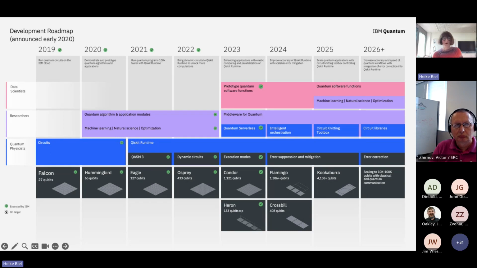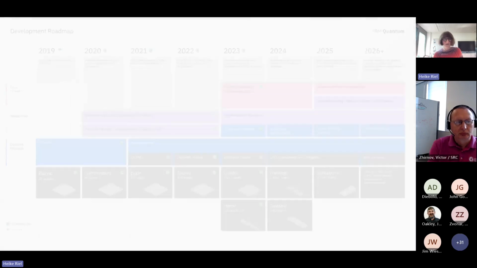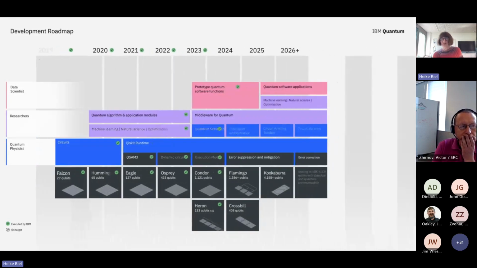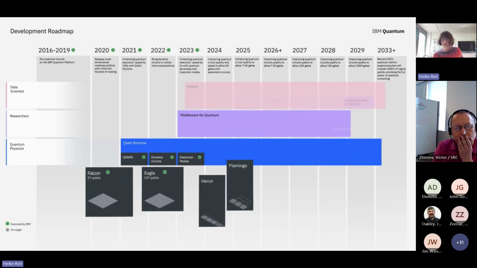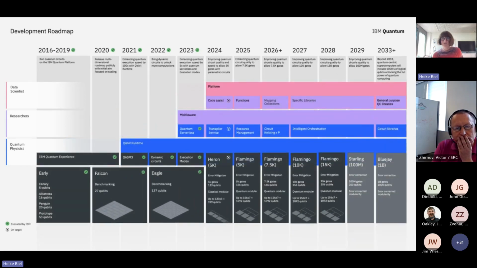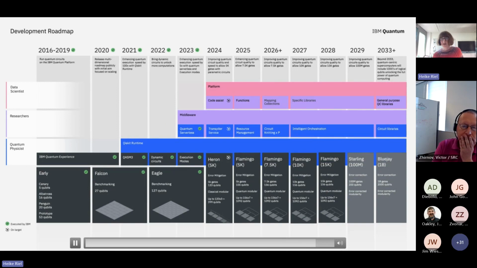We have also expanded the roadmap, which you see here, because we look further out into the future, up to 2033, where we want to build systems with a large number of gate operations you can do. What's important is, as I mentioned, the number of qubits, which is called in quantum terms the width of a quantum circuit, but also the depth of a quantum circuit, which means how many gate operations you can do.